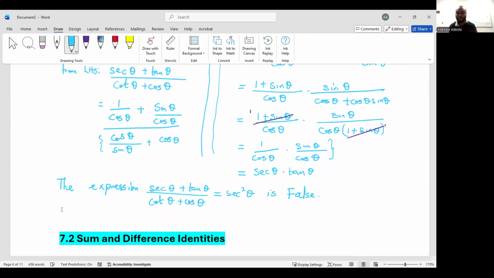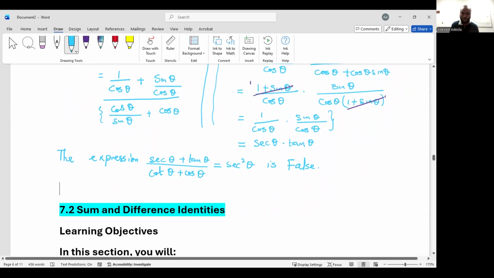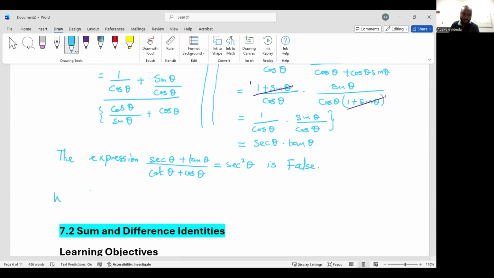Not true. That identity is not true. So what is true is that we must have that secant theta plus tangent of theta divided by cotangent of theta plus cosine of theta is equal to secant of theta tangent of theta. So that is a possibility.